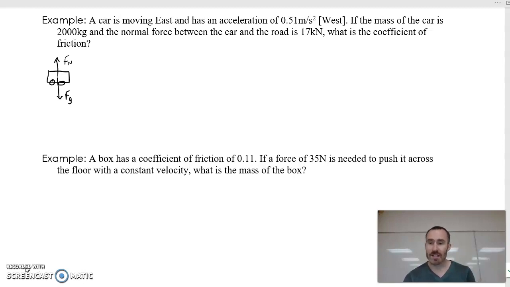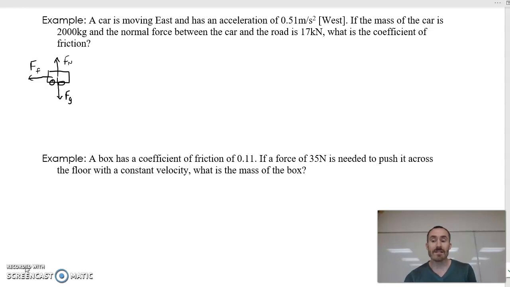And so that just means that we're going to have the force of friction pulling it backwards or pulling it west. So we're not going to include a forward thrust force because it doesn't sound like there is one. So these are the three forces acting on the car.